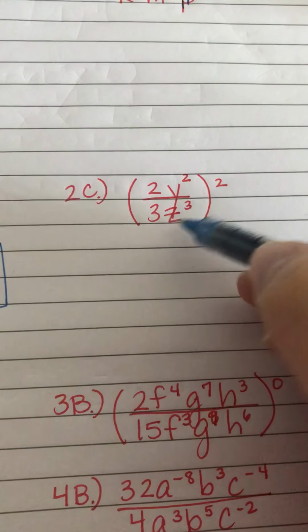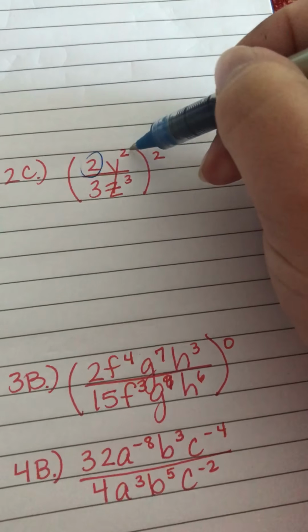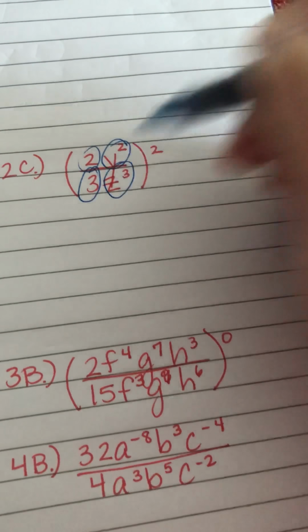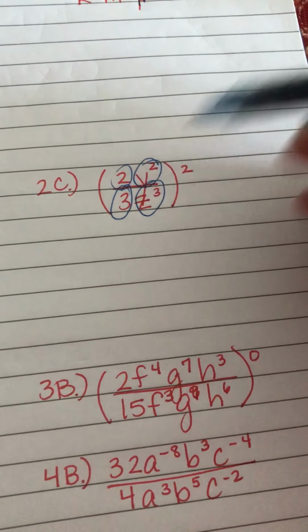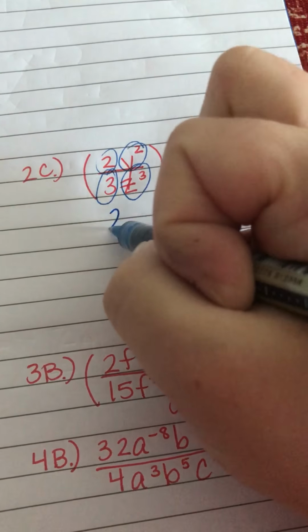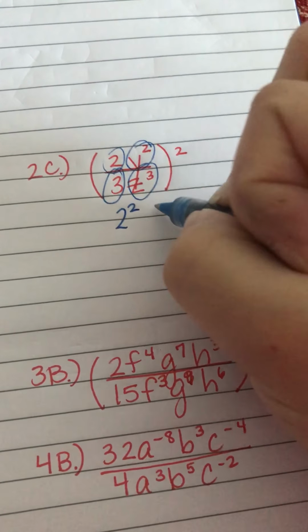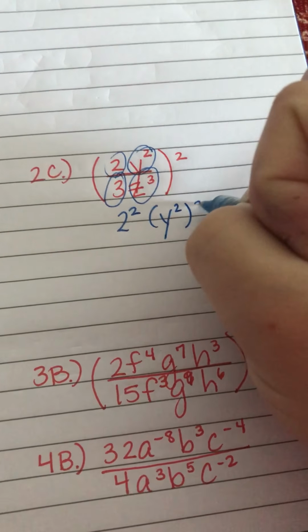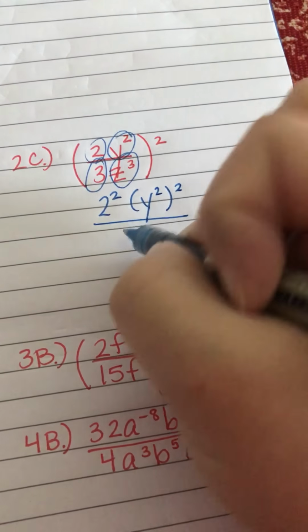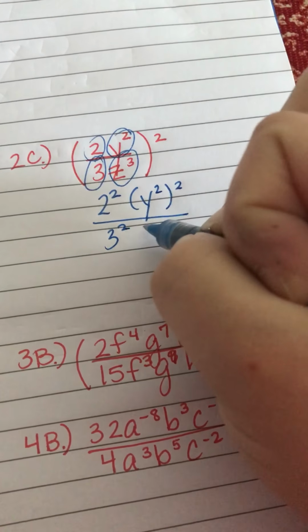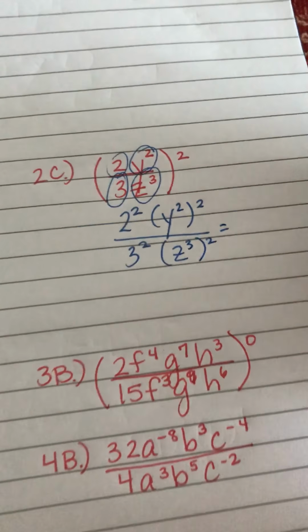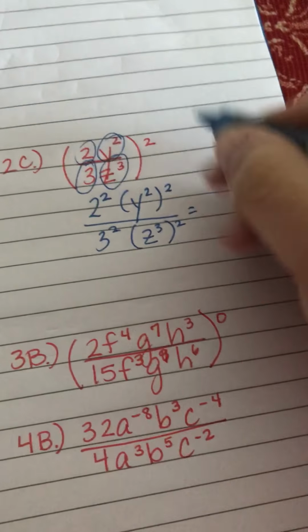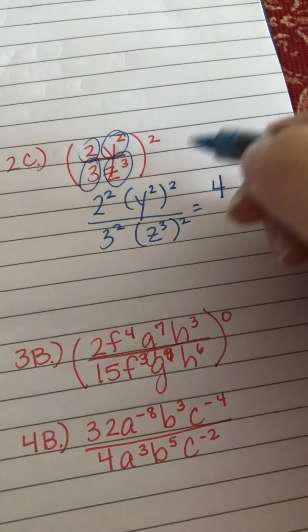Okay, so here, again, there are 1, 2, 3, 4 parts or factors. And so I'm going to go 2 for all 4 of them. So I'm going to say 2 squared, y squared squared, 3 squared, and z^3 squared. Then I'm going to simplify. 2 squared is 2 times 2, which is 4.